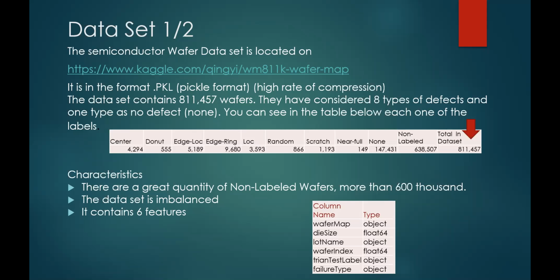Characteristics: it contains 6 features: the wafer map, die size, lot name, wafer index, train and test label, and failure type.